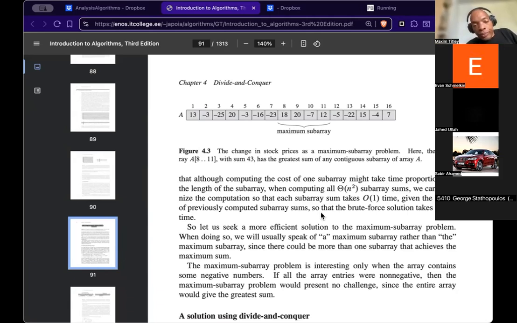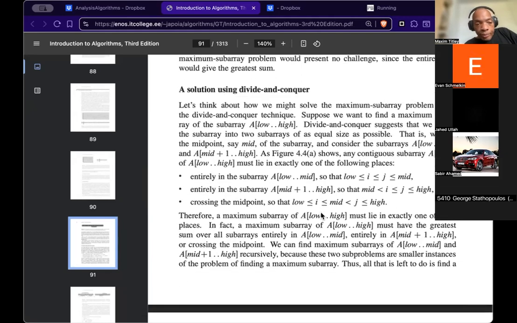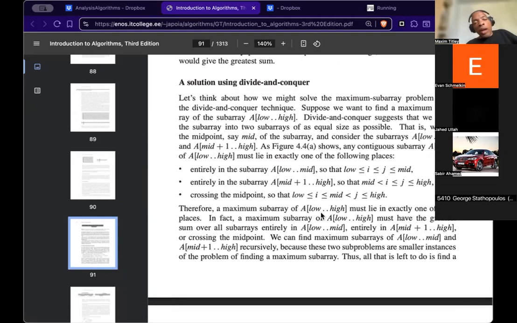So now, in our book, we have something called divide and conquer algorithms. How do they work again? You try and divide the big problem into multiple sub-problems.